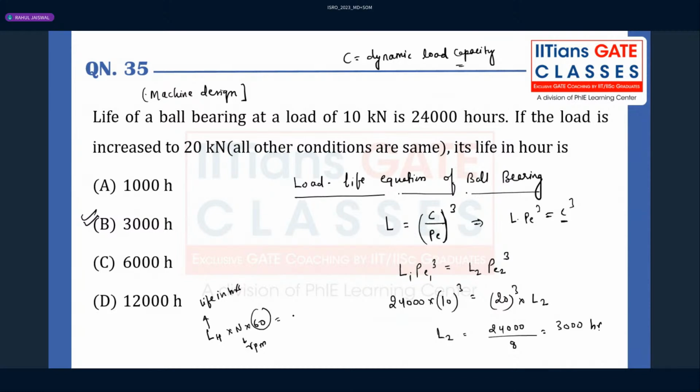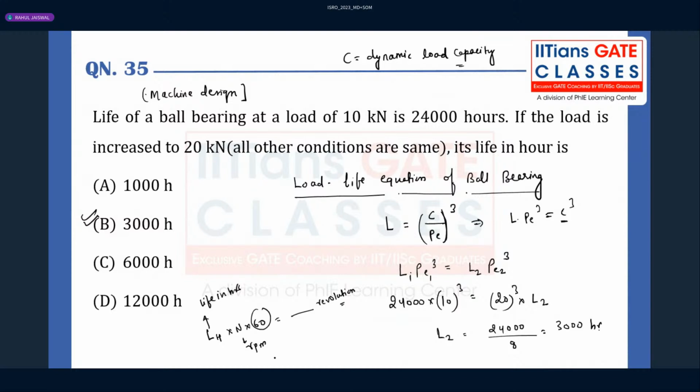That gives the total number of revolutions.